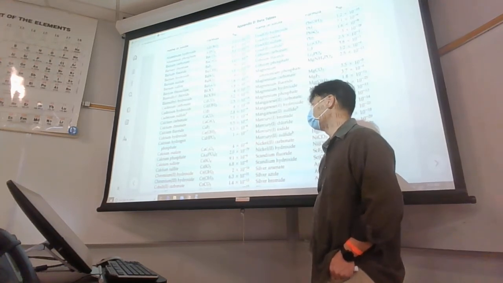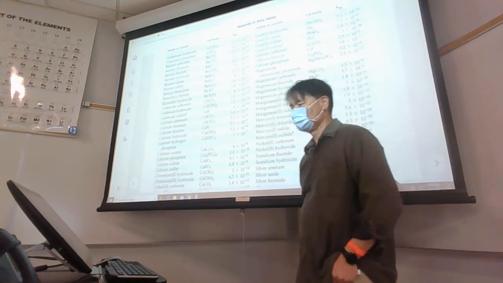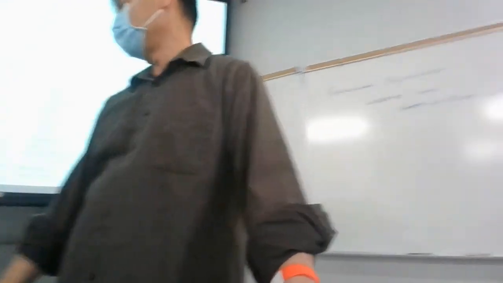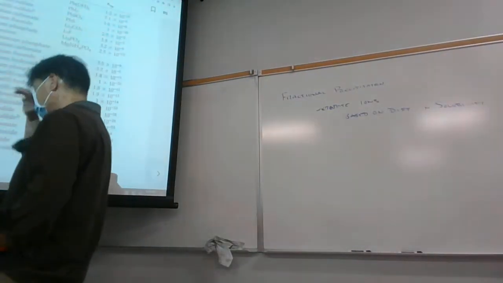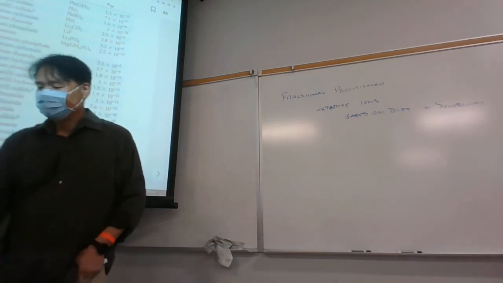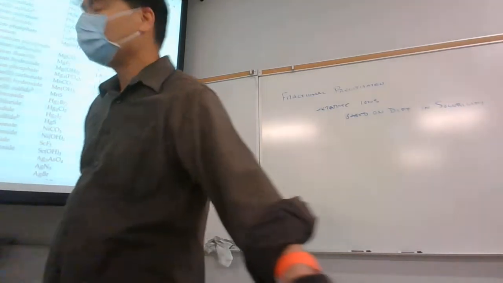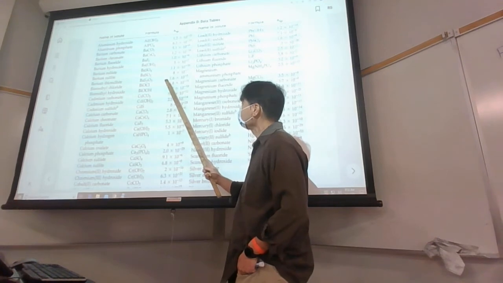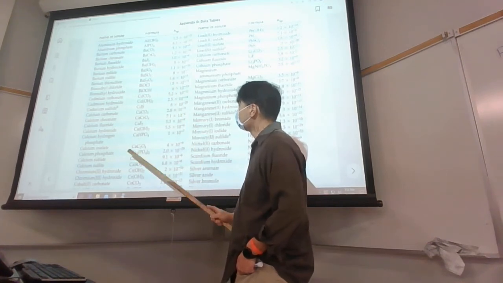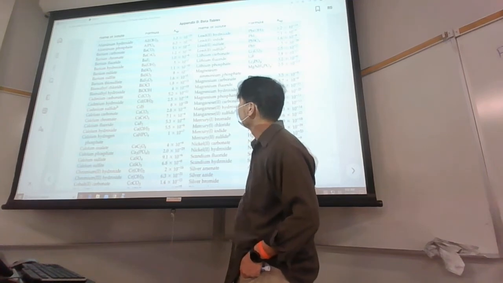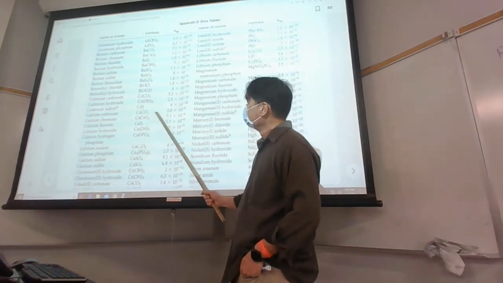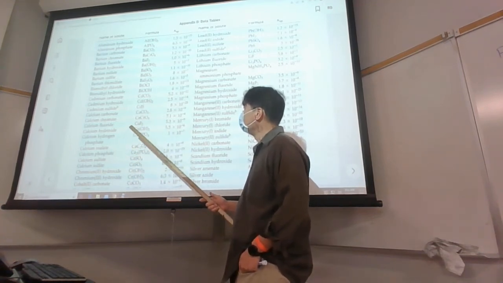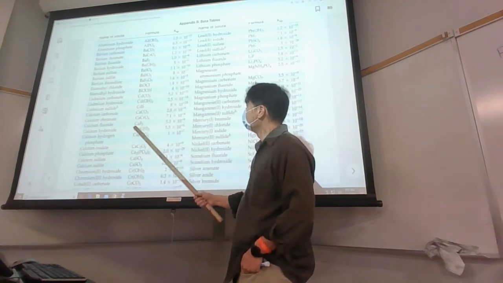Let's see how that might work in practice. We're trying to separate calcium from barium, though we could pick a bunch of others. Those are cations. We can also try to separate anions. Let's say we separate hydroxide from some other anion, for example carbonate, using barium.